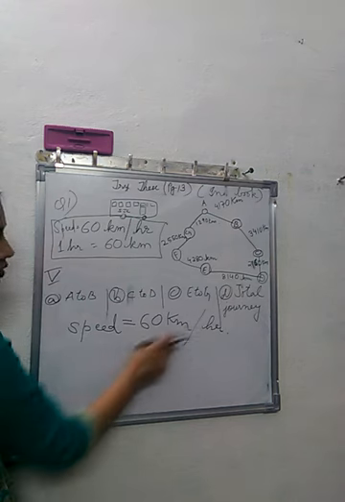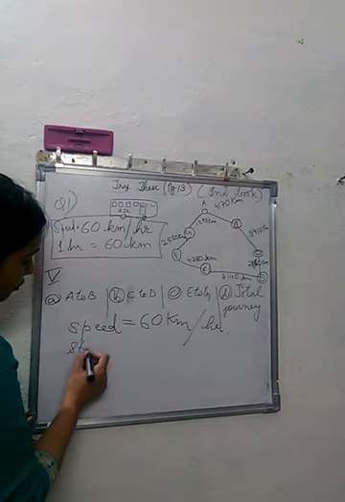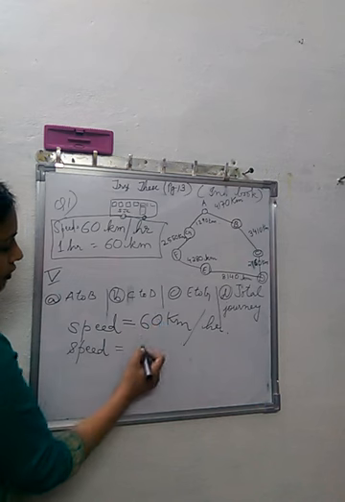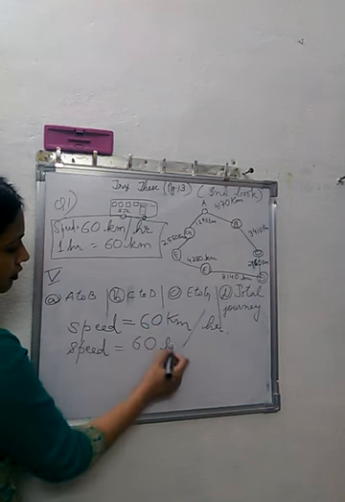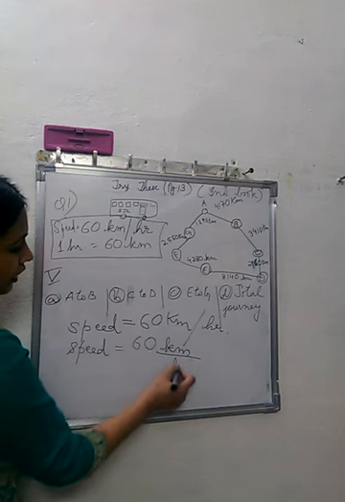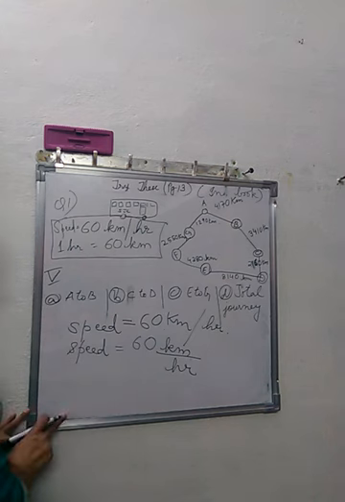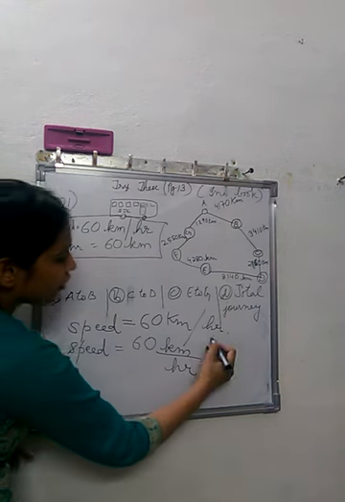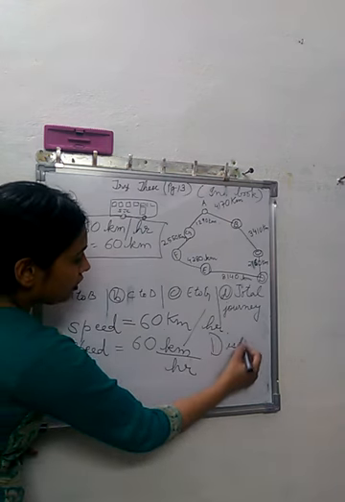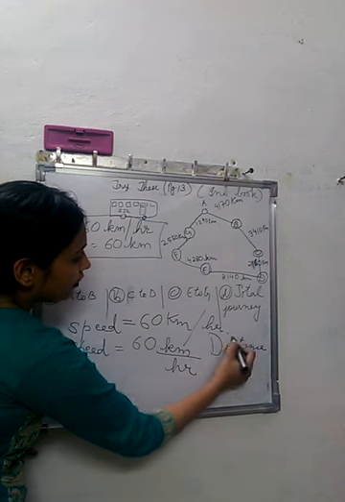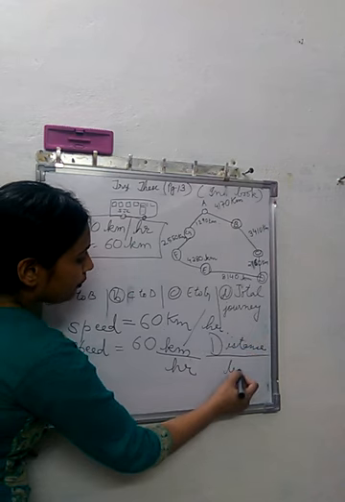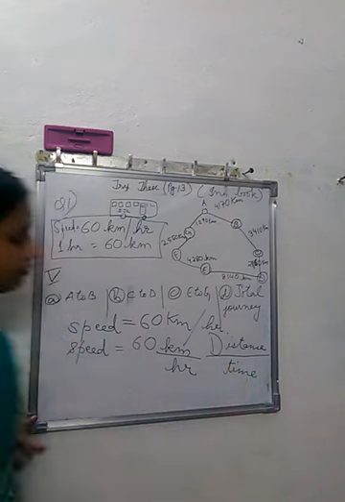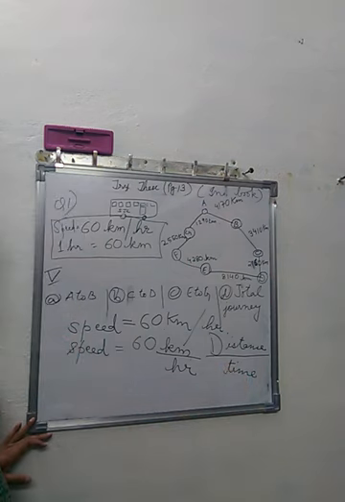That means to find the speed, we need to divide the distance by the time taken. Got it? Time taken.